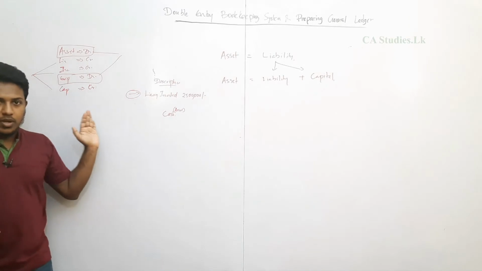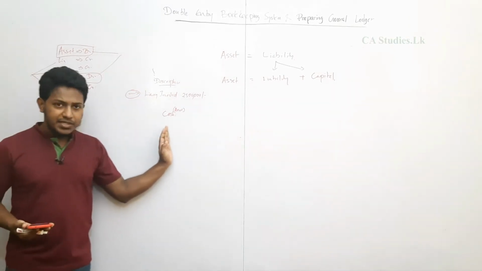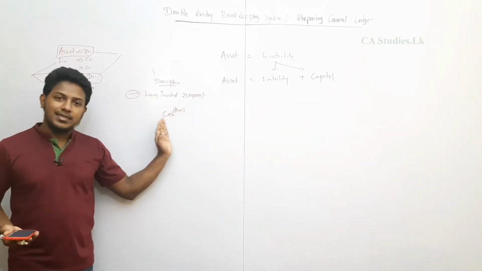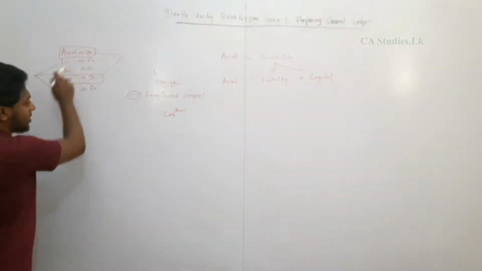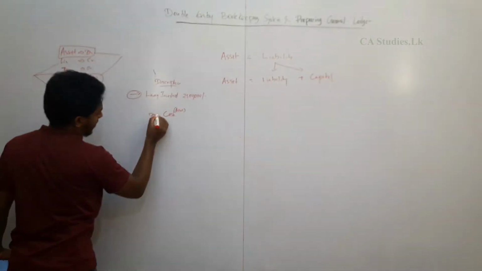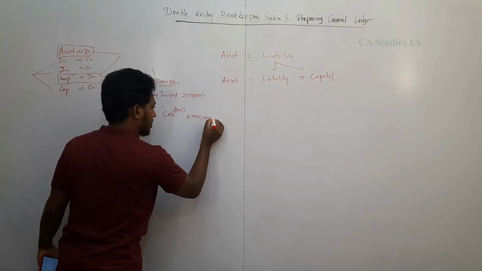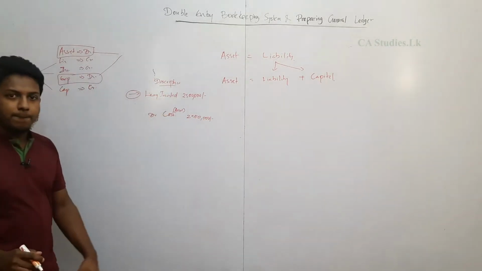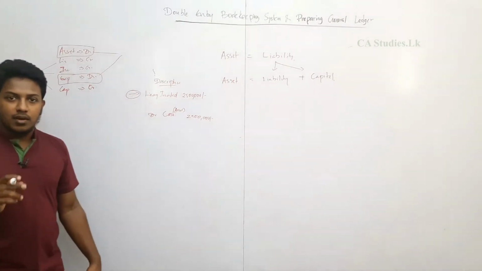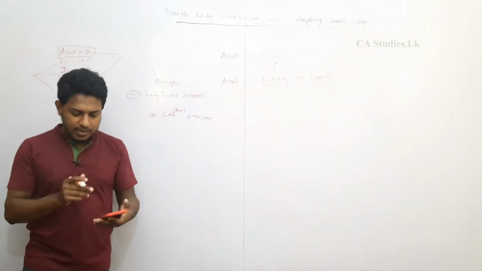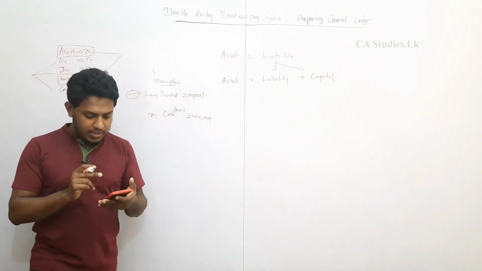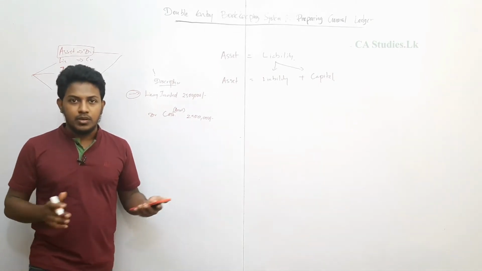Now come to our question. Cash invested. So cash is the asset side. Asset owns debit side, right? Debit 2.5 million increases. So it's invested by the owner. Here also it says he invested the capital. Money to Lishara is capital.